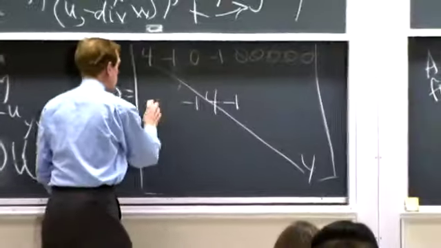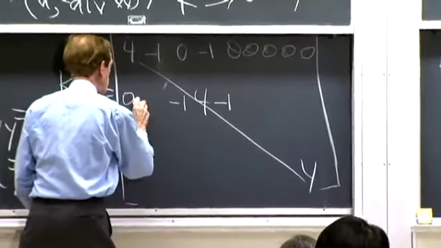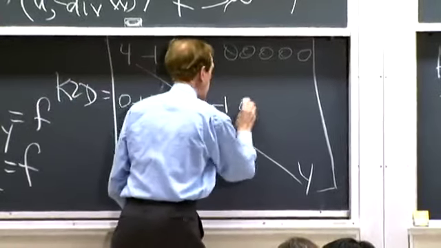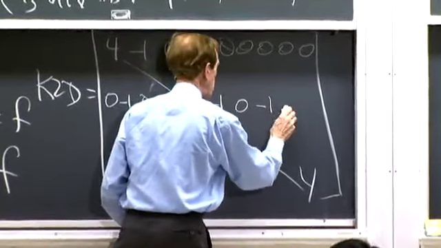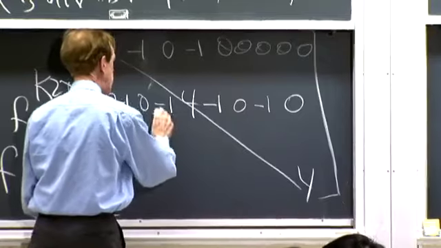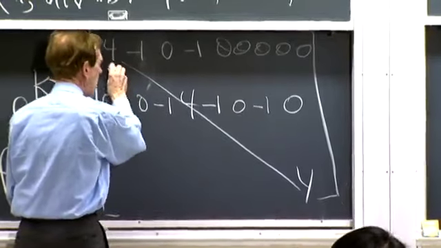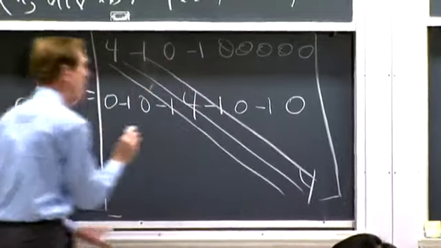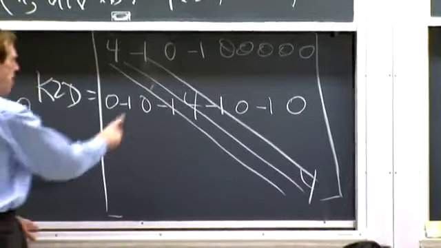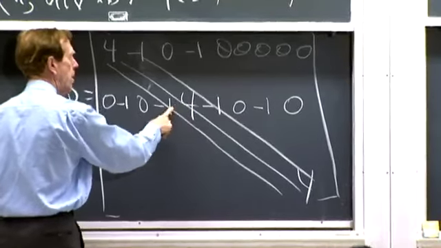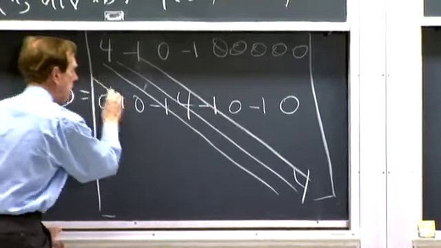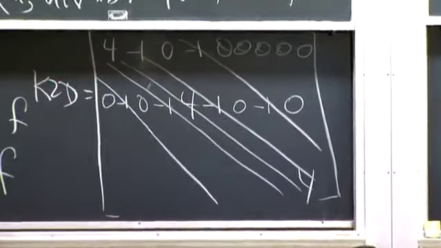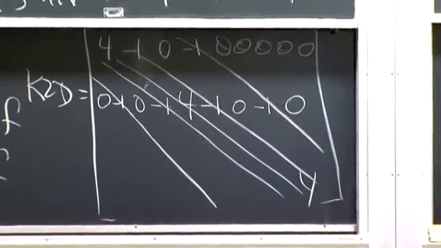So this guy is going to have a -1 in the 2 position, and then 0. And it will also have a -1 in the 8 position. Do you see how it's going? I have 5 diagonals somehow: the diagonal, the neighbor on the left, the neighbor on the right, the neighbor underneath, and the neighbor above. Across the street, you could say.